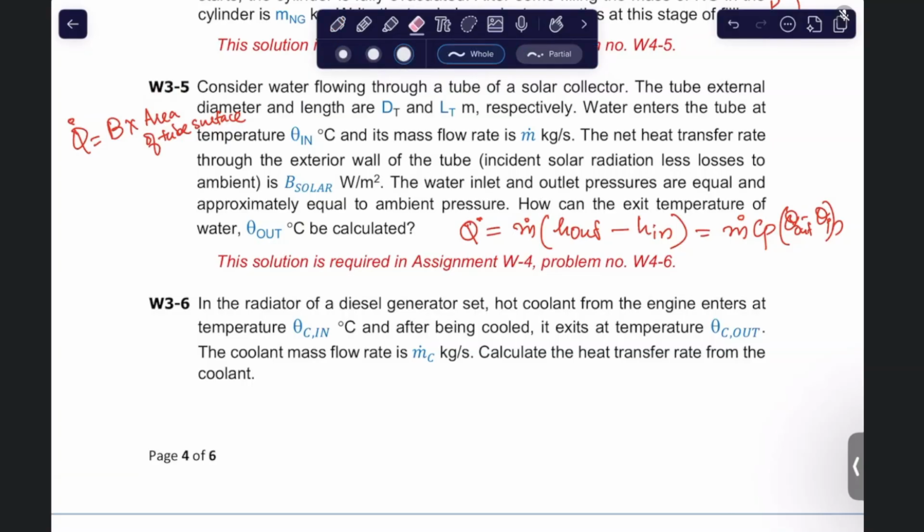So b times pi dt lt will be the q dot. So if you rearrange the terms, you can find an expression for theta out.